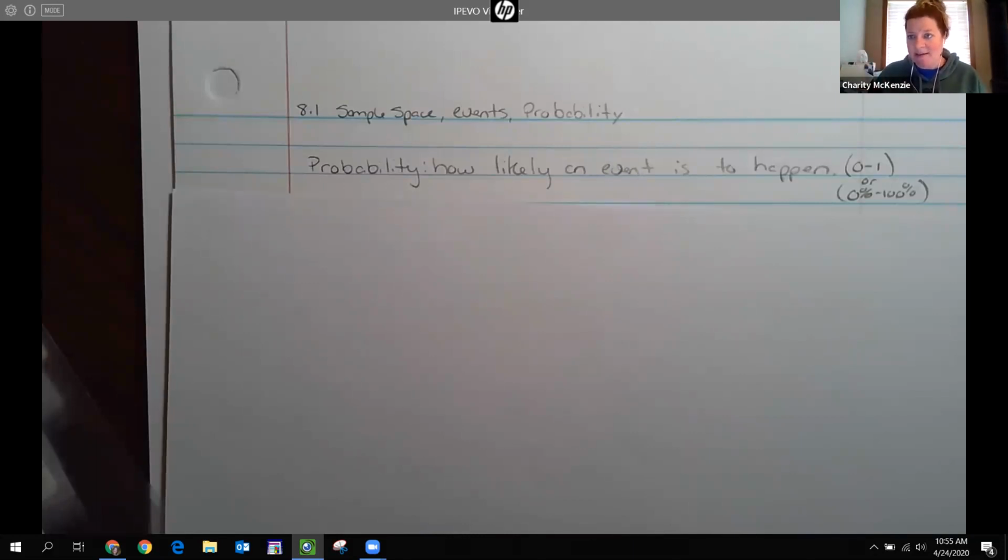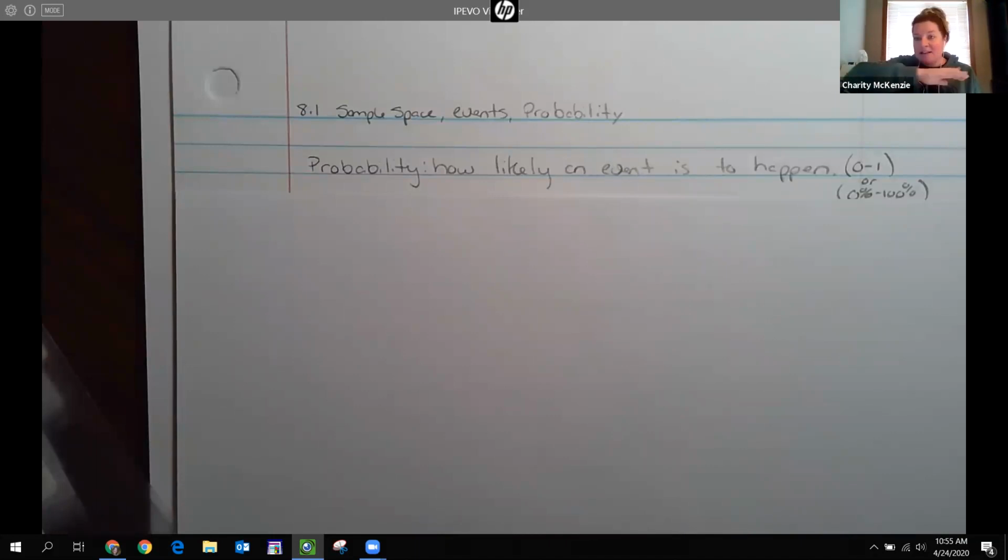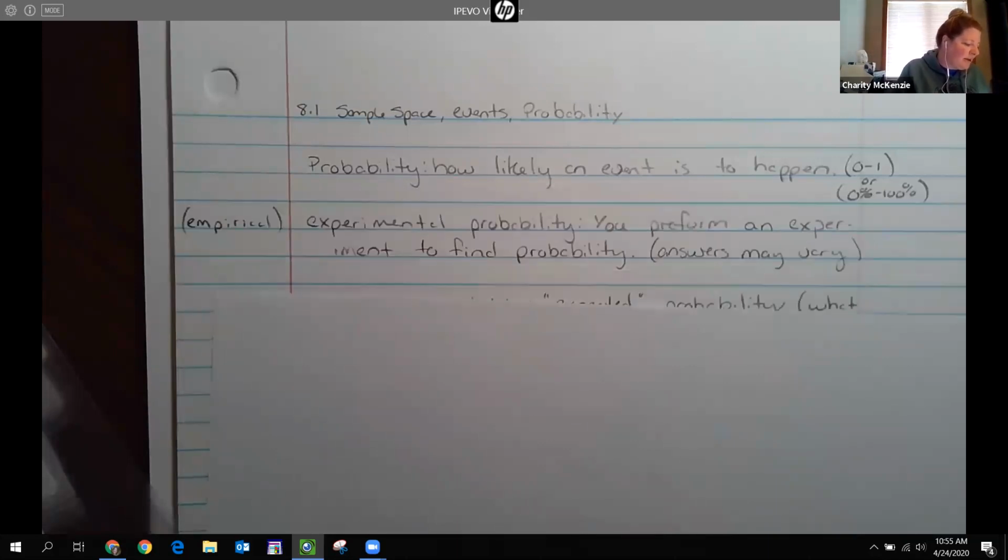If I say 0% chance of snow, which is never in Wyoming, then that means it's not going to snow. This is zero likely, not going to happen at all. If there's 100% chance that I'm going to record 3 videos today, then it's going to happen, right? So probability is 0 to 1 or 0 to 100%.